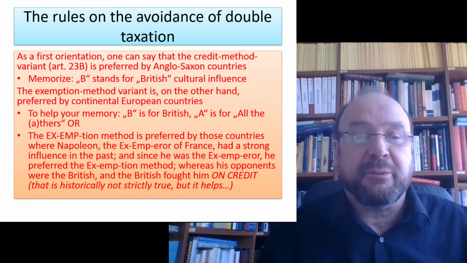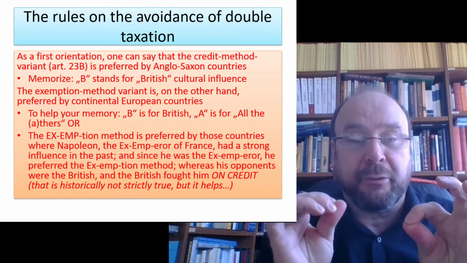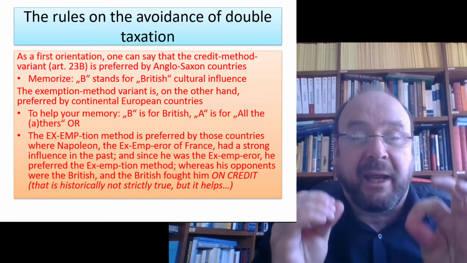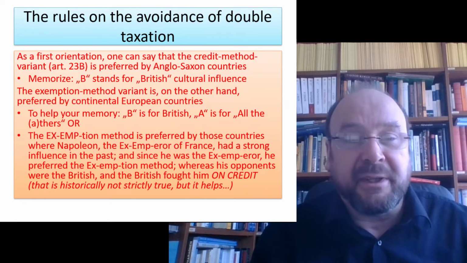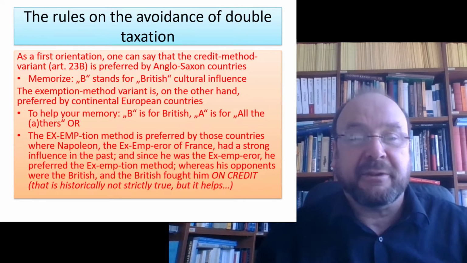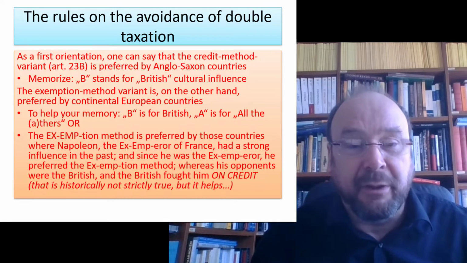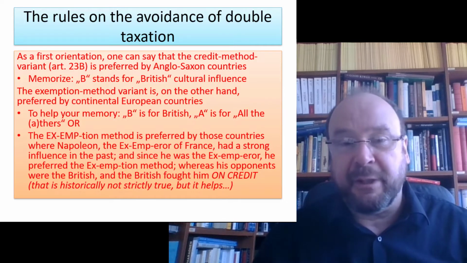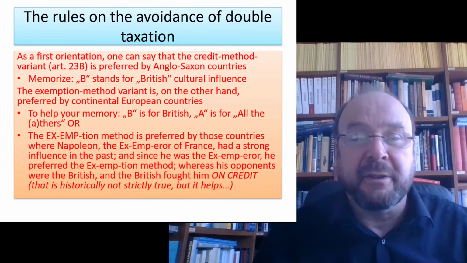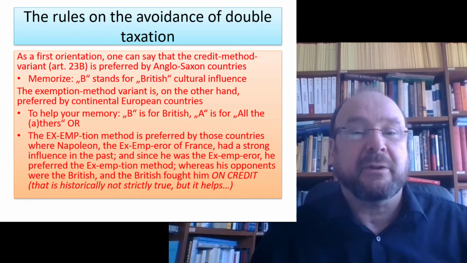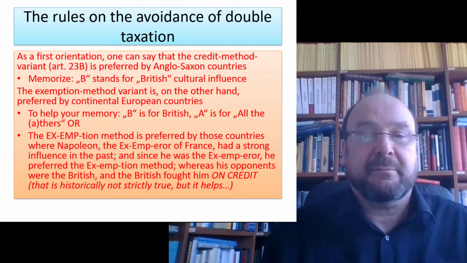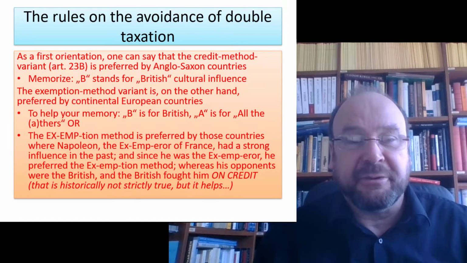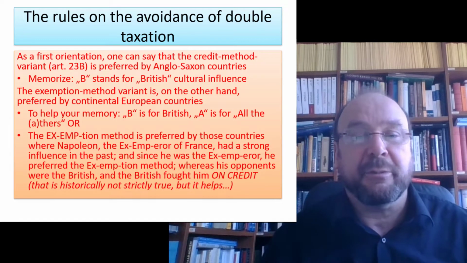And it cannot surprise us that the ex-emperor preferred the exemption method. Whereas his opponents, the British, never would have given in to an idea of Napoleon. They fought him everywhere and wherever they could. And how did they finance the war against Napoleon? Probably on credit.